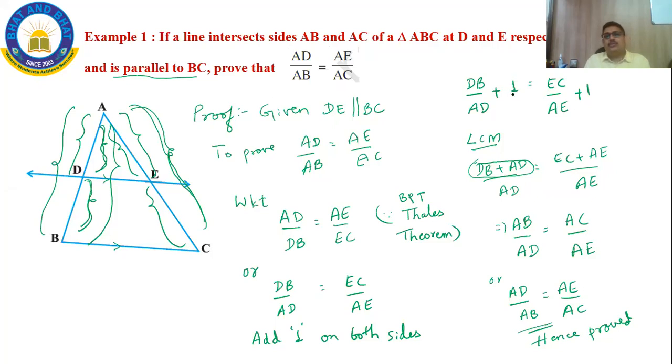So I have to add plus 1 on both sides, so that I'll get dB plus AD, and with the same modification on the right hand side, EC plus AE. So this will help me to add the two proportional parts, that is AD/dB and AE/EC.